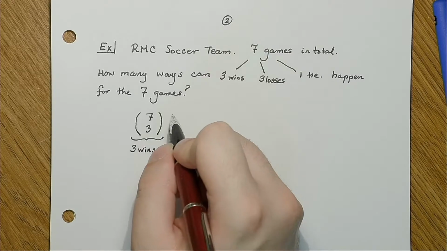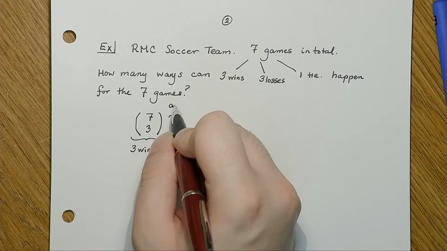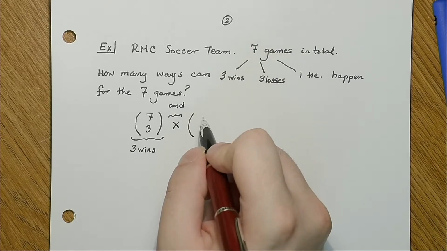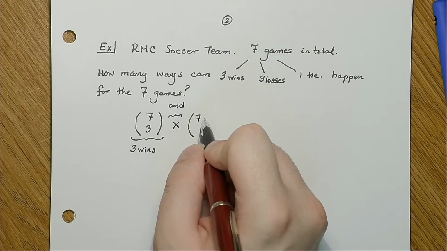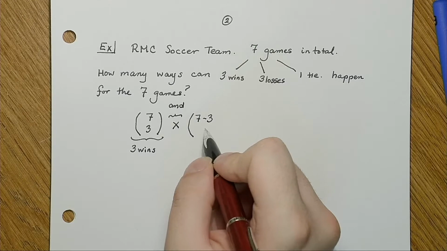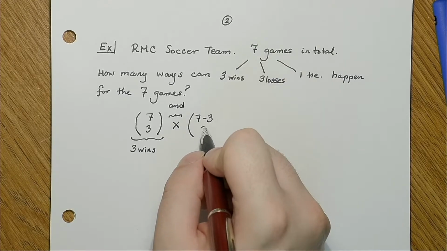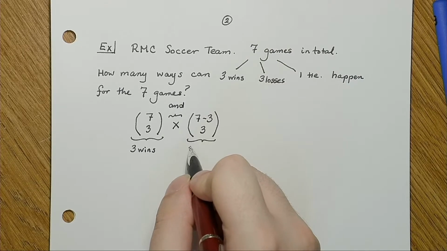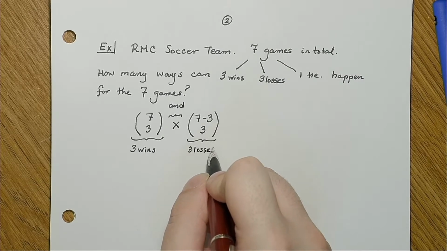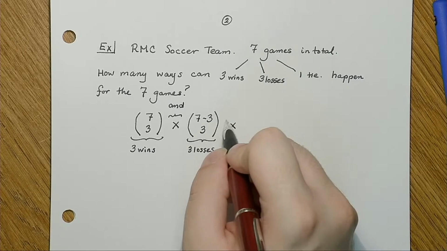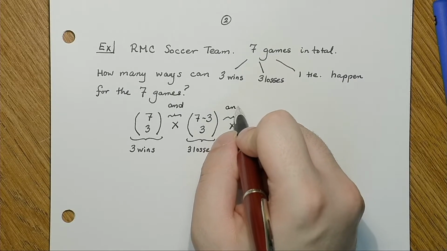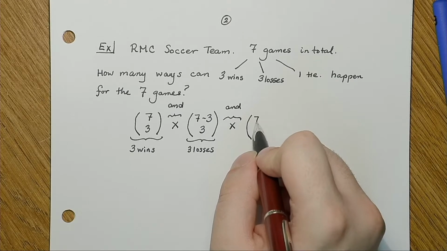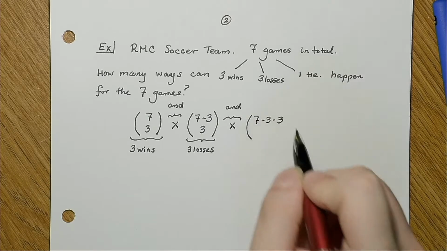Then, so you can think of the multiplication as and. And then there would be 7 minus 3. And there's going to be 3 losses. And lastly, you would have 7 minus 3 minus 3.